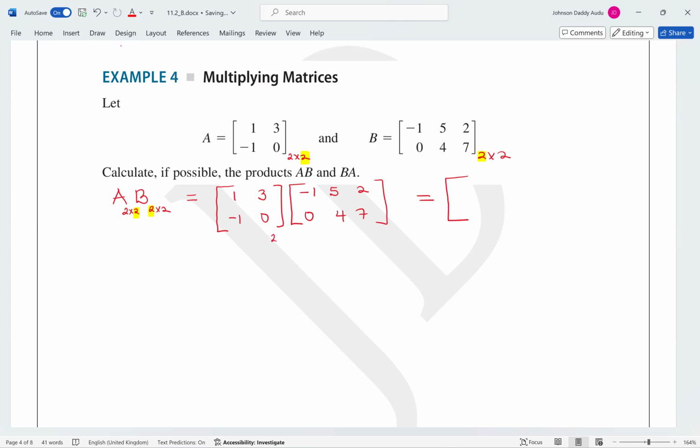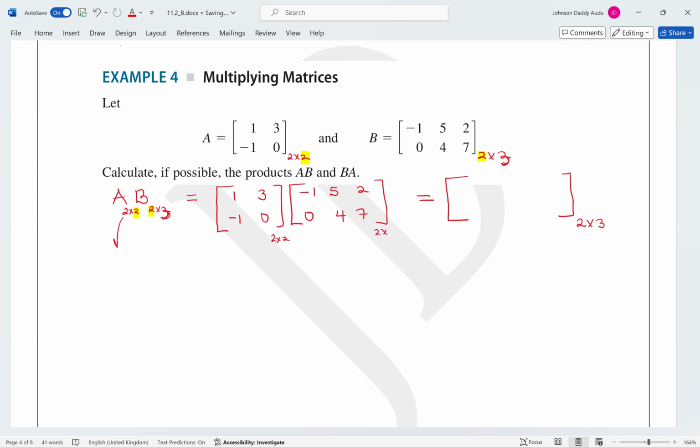Sorry, B is 2 by 3, not 2 by 2. But it's still possible because this is 2 and this is 2. So the product AB is going to be 2 by 3 matrix.